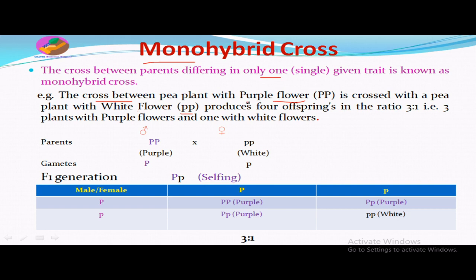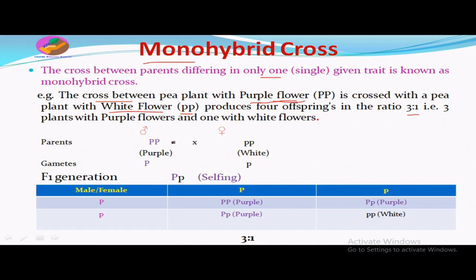By taking that one character, we cross two parents. One parent has purple flowers and one parent has white flowers. If both these parents are crossed, they will produce offspring in the F2 generation in the ratio 3:1. So a monohybrid cross is always in the ratio 3:1.